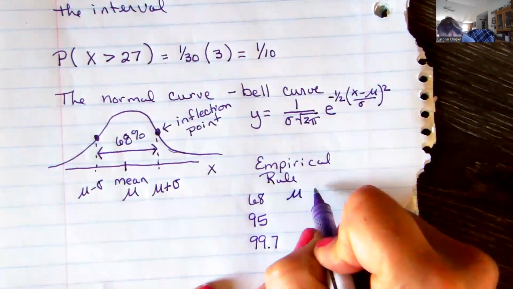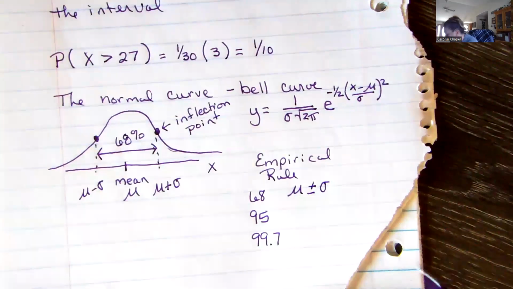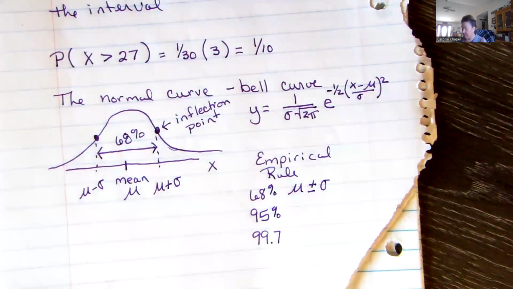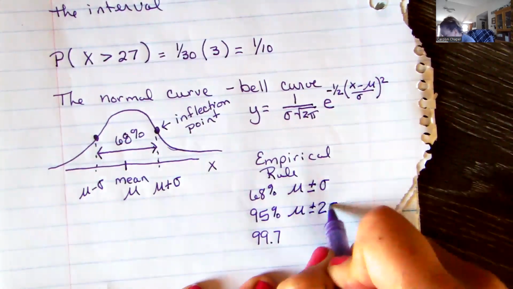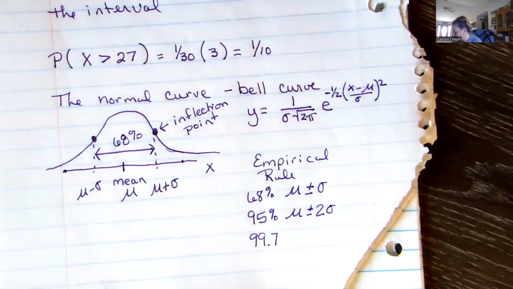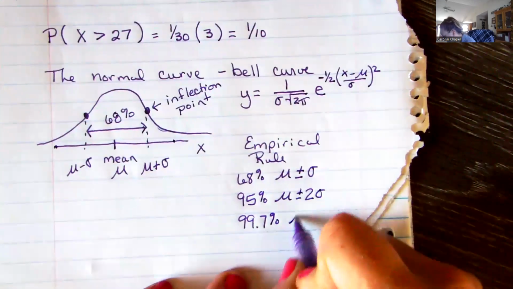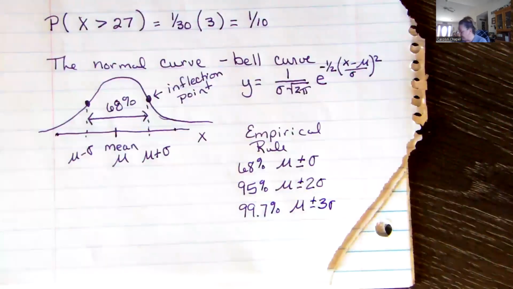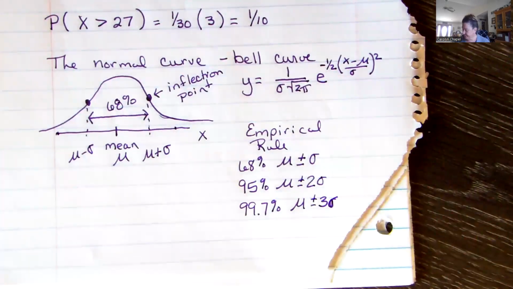I'm going to put mu plus or minus 1 standard deviation gave us that 68%. We would get 95% if we went 2 standard deviations. If we went up another one and down another one, we'd pick up more of our data. And we'd get 99.7% of our data if we go 3 standard deviations in either direction. Sorry, that's a funky little sigma there.